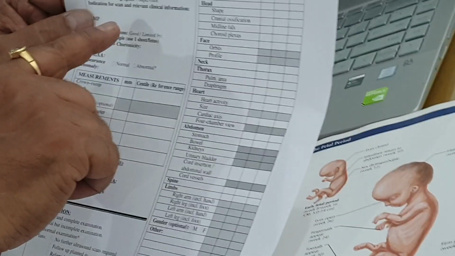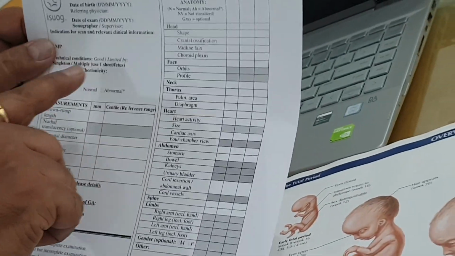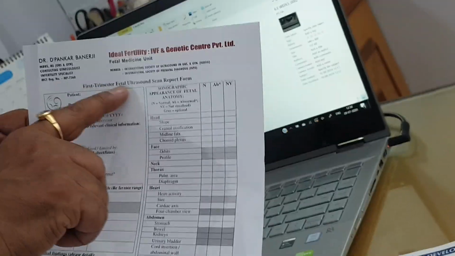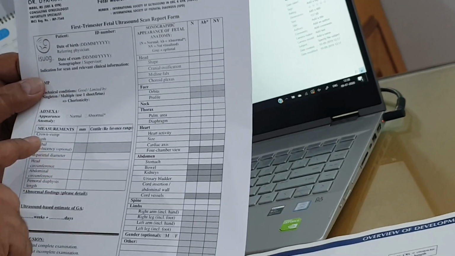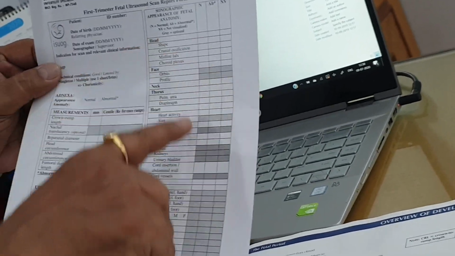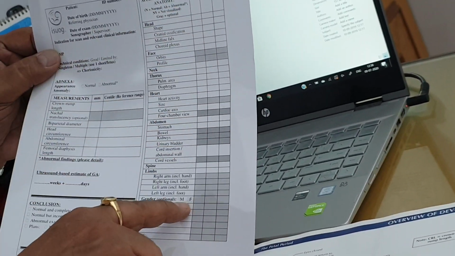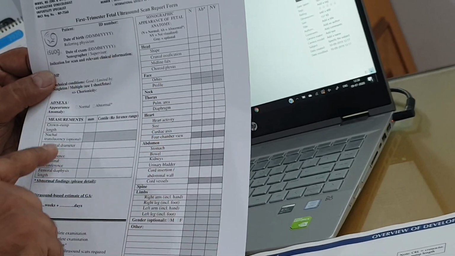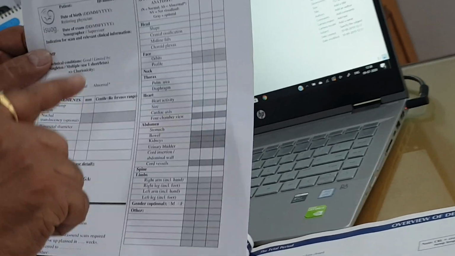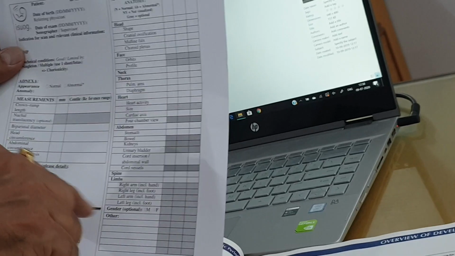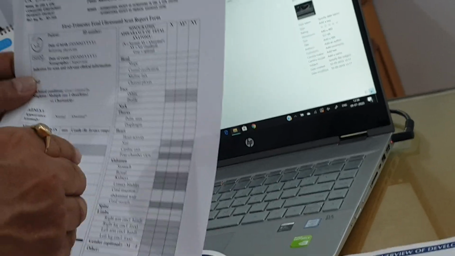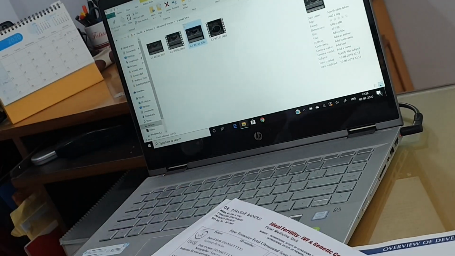This is the international ultrasound guideline, where we do the first trimester fetal ultrasound scan. We do crown rump length and a scan of the various parts to see whether they are okay, and the nuchal translucency to assess risk for Down syndrome. How it looks on ultrasound, I will show you.